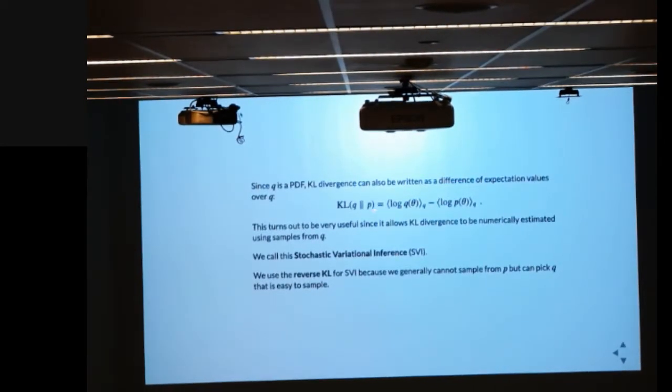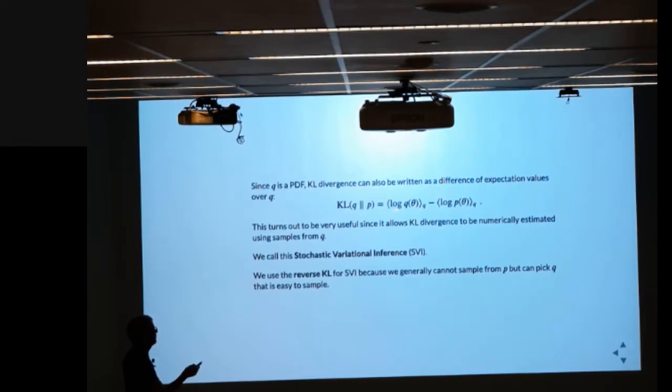With that in mind, we can rewrite the KL divergence formally as a difference between two expectations. The reason there's two terms here is because we took that log Q over P and rewrote it as log Q minus log P. But it's always the same Q prefactor here, right?